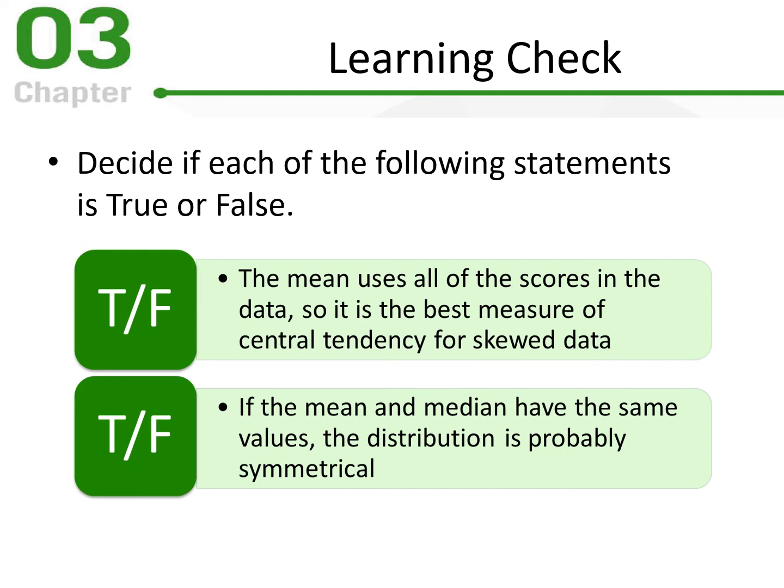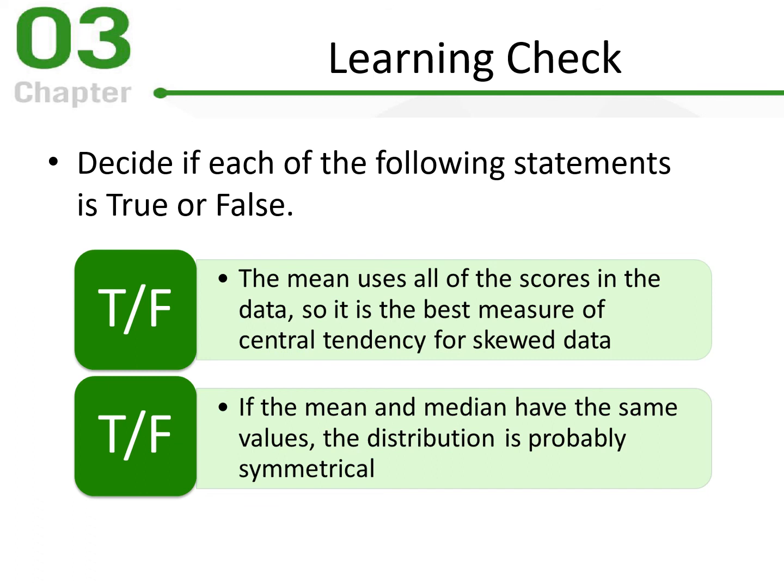True, false. The mean uses all the scores in the data, so it's the best measure of central tendency for skewed data. Well, obviously I spent the entire hour and a half talking about how the mean is terrible with skewed data. It's not a best measure of center, so that's obviously false. And if the mean and the median have the same value, the distribution is symmetrical.